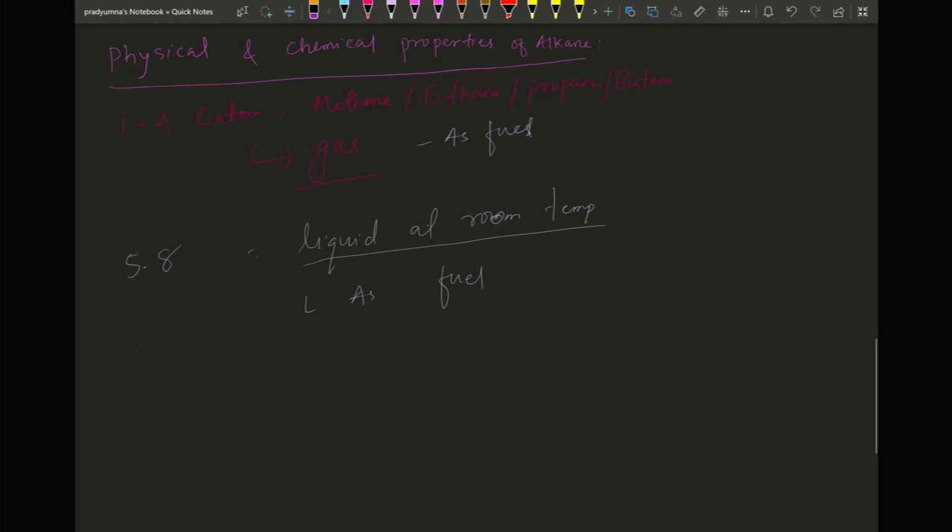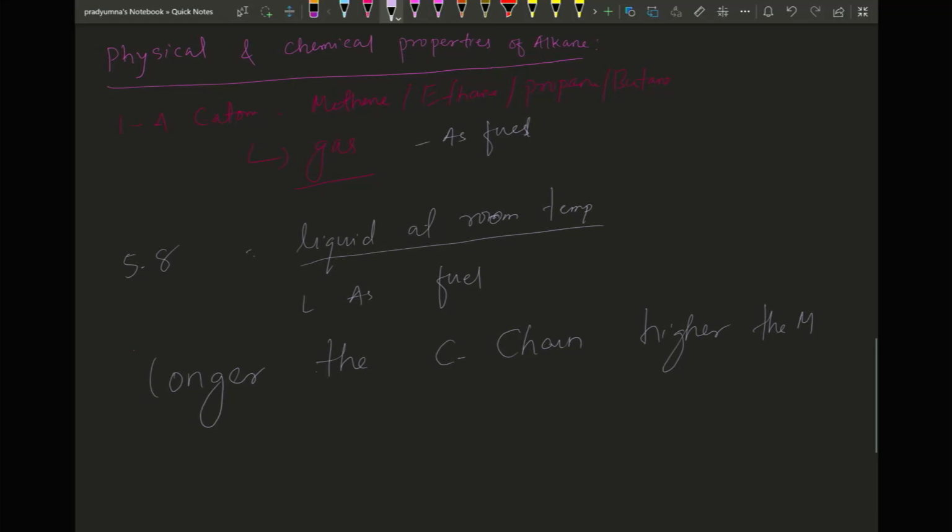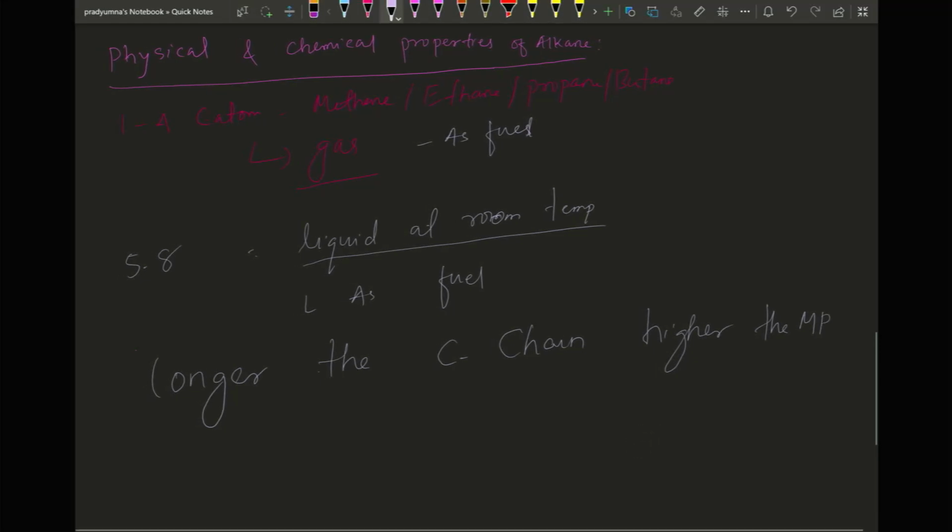In simple terms, the longer the carbon chain, the higher the melting point and boiling point. As you can see, if you go above 18, they start becoming solid, like Vaseline, right? So, higher melting point.